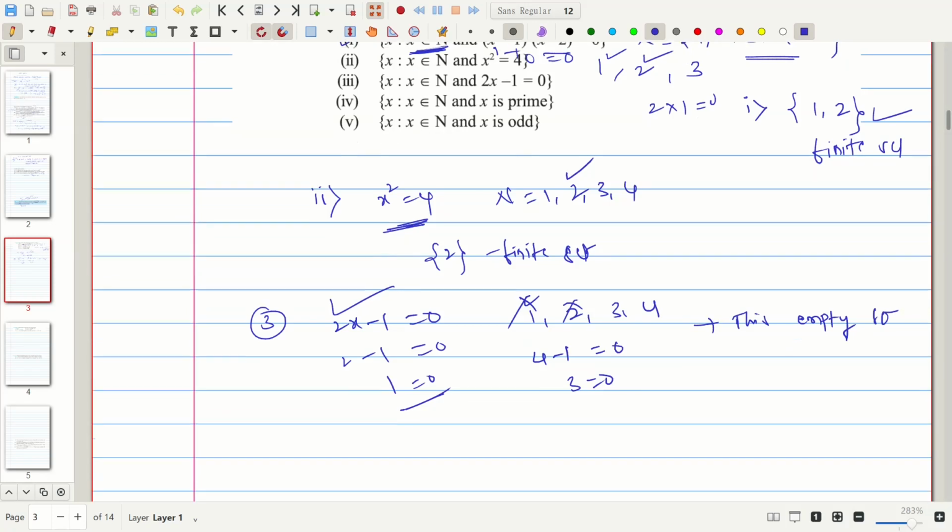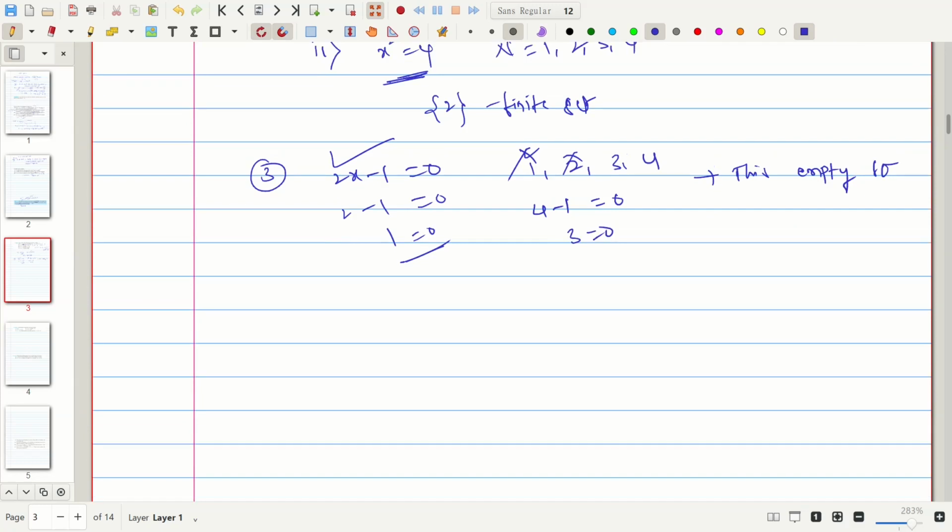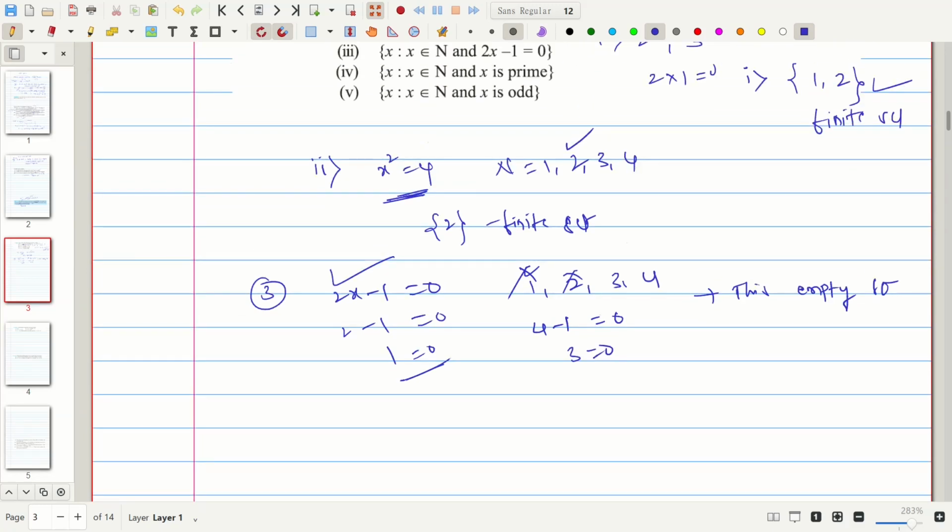Next we'll see example 4. X is a prime number.